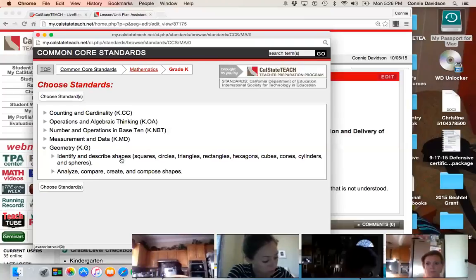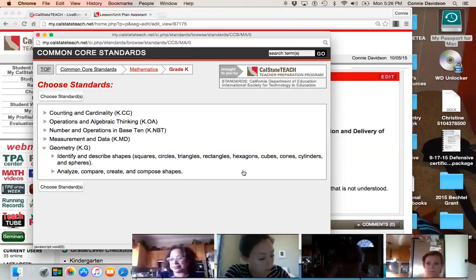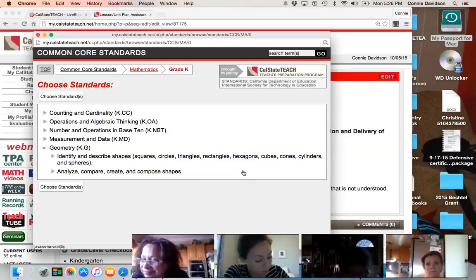Okay. Now, what are the shapes, the contexts that they're going to use this skill in? Squares, circles, triangles, rectangles, hexagons, cubes, cones, and so on. So that would be the context. When you want to think about, I need to write this measurable outcome, the students will be able to identify and describe the following shapes: squares, circles, and triangles.